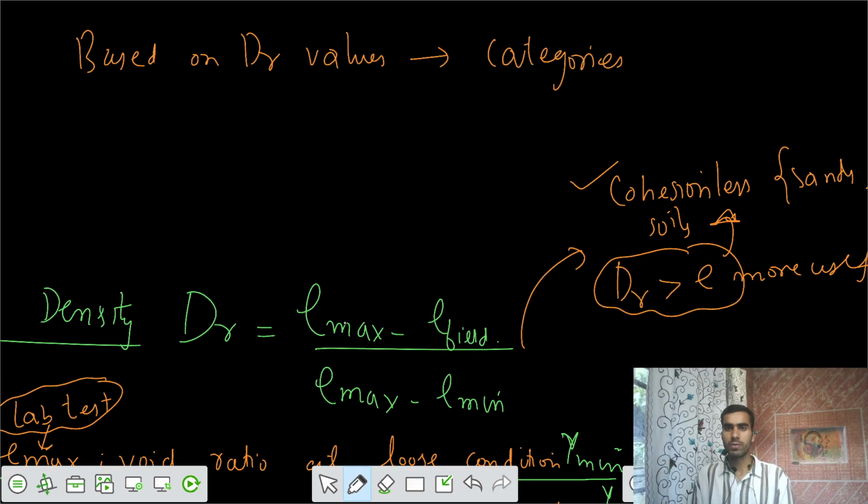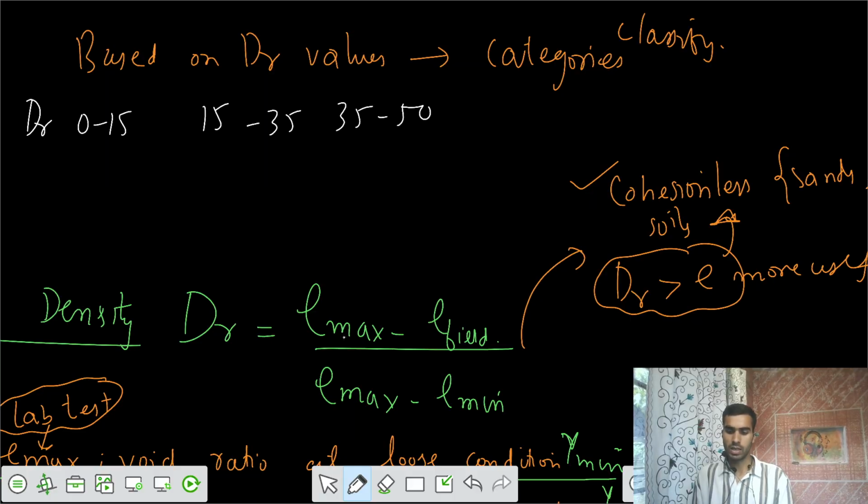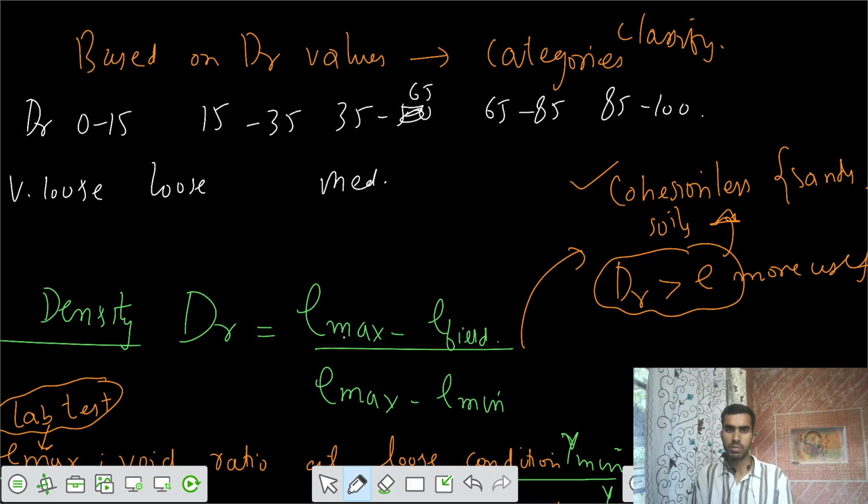We classify the soils in this way: if your Dr value is in the range 0 to 15, 15 to 35, 35 to 65, 65 to 85, 85 to 100, accordingly the soil is classified as very loose, loose, medium dense, dense, and very dense.